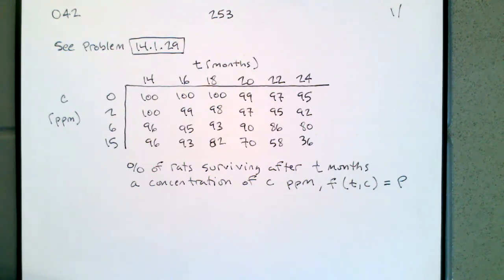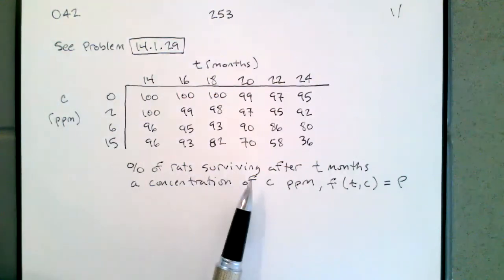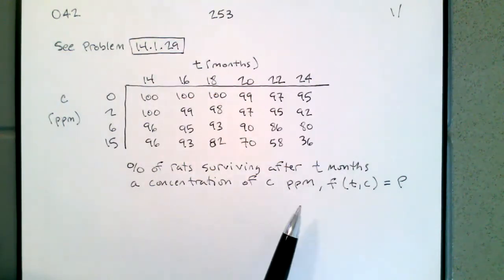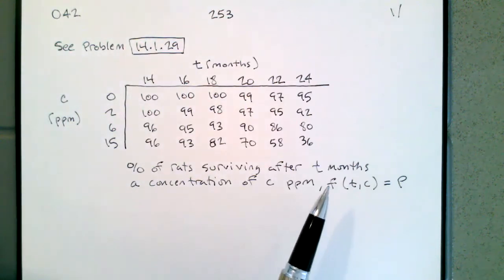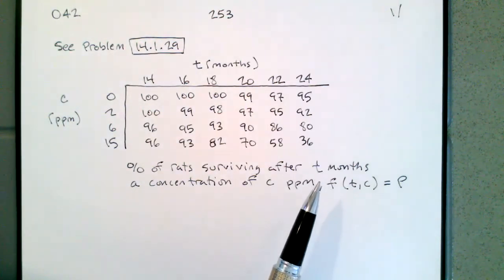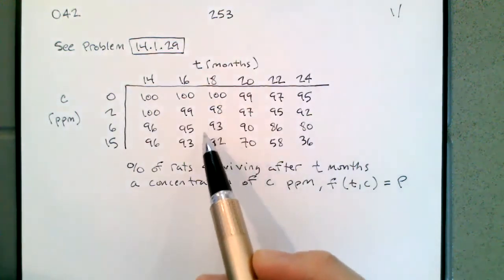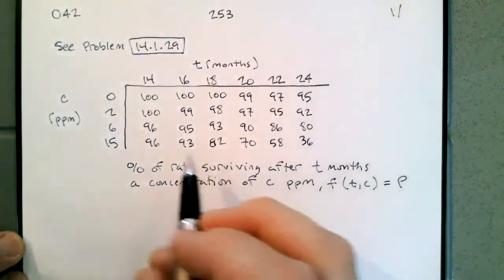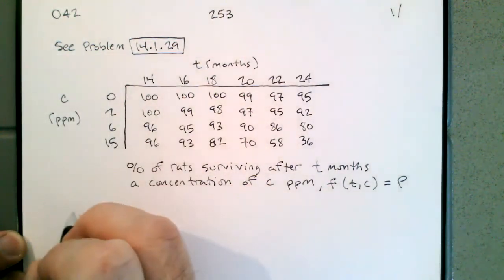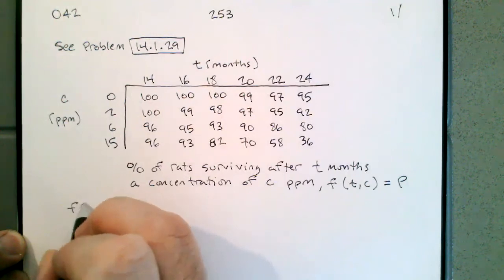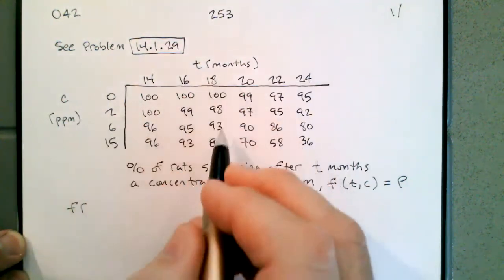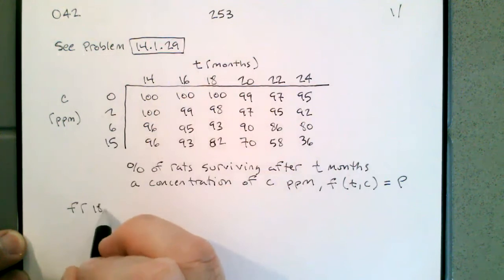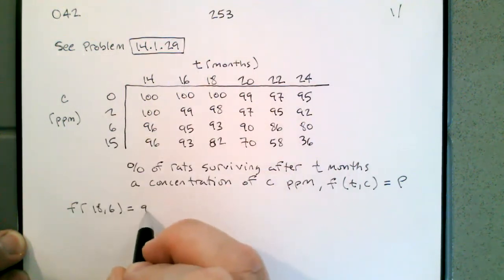All right, let's first look at this table and read what the table is about. So this represents the percentage of rats surviving, at a concentration of C parts per million of some substance after T months. So if we pick this number here, this 93, one of the values of our function, we could say that's f of 18,6 is 93.